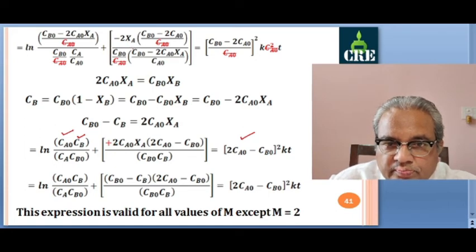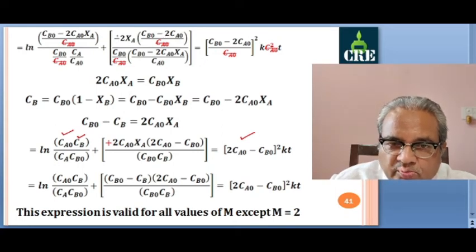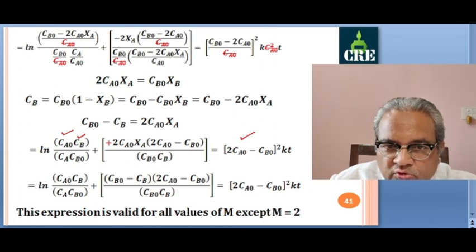Now here, CB0 minus 2CA0, I can write as 2CA0 minus CB0 with one minus sign taken out. So minus minus becomes plus. So 2CA0 minus CB0 is, and for this minus sign compensating, here we get plus 2XA, and this CA0 transferred here from the numerator.